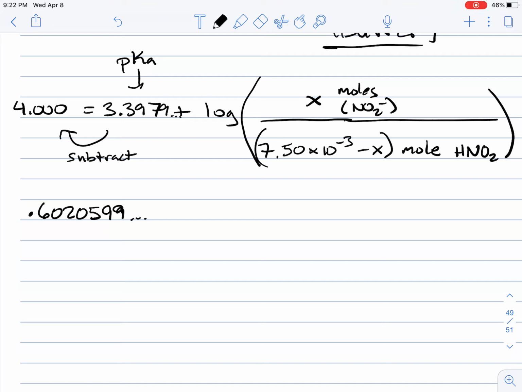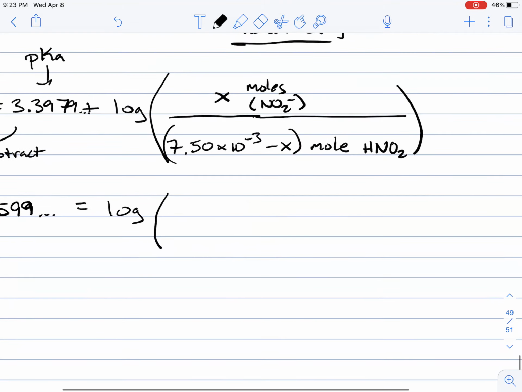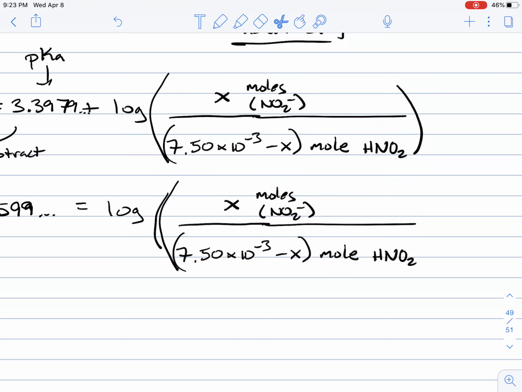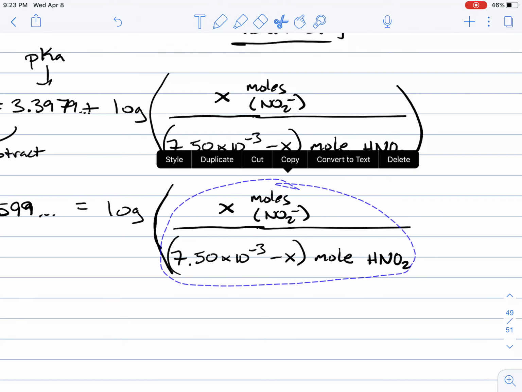If I treat this like a subtraction and apply the rules of subtraction for sig figs, then I need to report 3 places after the decimal. And that's going to equal the log of everything that you see here. I'm going to quickly duplicate this so I don't have to write it again.